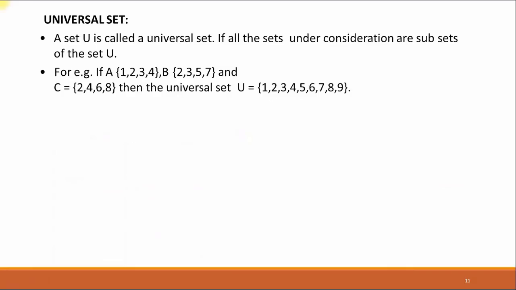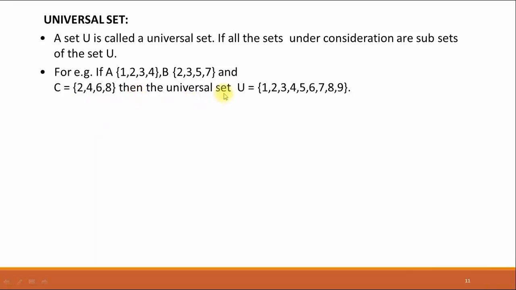Now universal set. A set U is called a universal set if all the sets under consideration are subsets of the set U. For example, set A = {1, 2, 3, 4}, B = {2, 3, 5, 7}, and C, the third set, = {2, 4, 6, 8}.